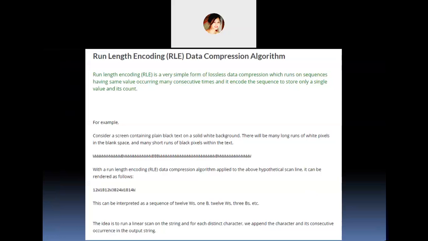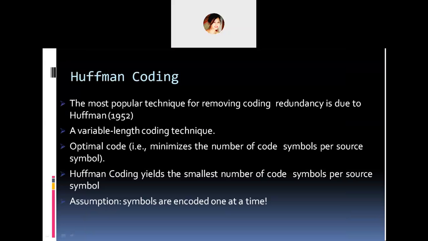And in example 2, this is a long string of characters, which can be written as 12 W's, 1 B, 12 W's, 3 B's, 24 W's, 1 B and 14 W's. So this is about run length encoding, right?